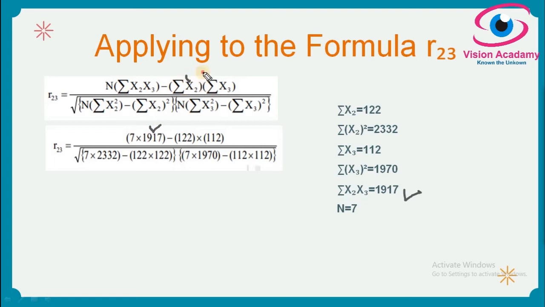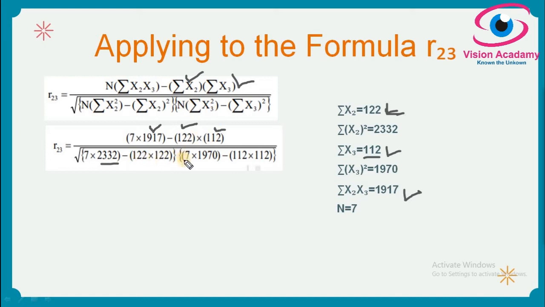Summation x2 is 122, summation x3 is 112. So 122 into 112. In the denominator n is 7, summation x2 square is 2333 minus summation x2, which is 122 here. Since the formula is whole square, I will multiply the same value, 122 into 122.